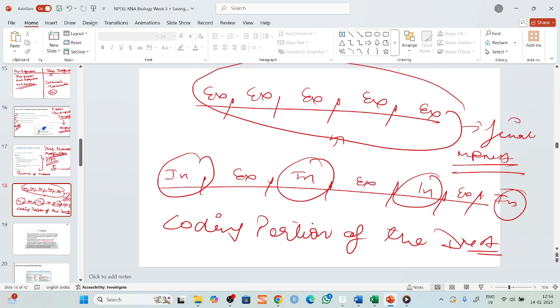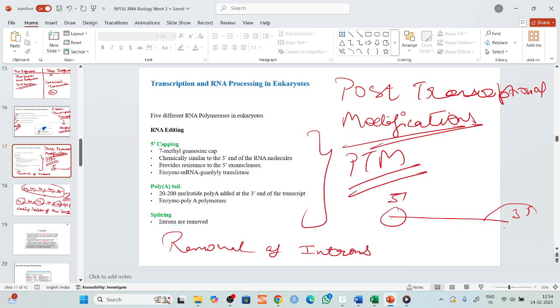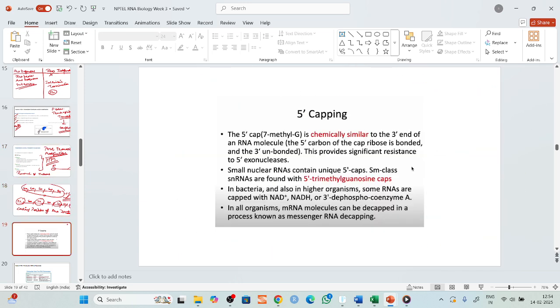These regions are only responsible for increasing the efficiency of transcription, or the efficiency of protein synthesis. So this is splicing. These are the three post-transcriptional modifications that happen in the case of eukaryotes. Okay. Now, this 5' capping.